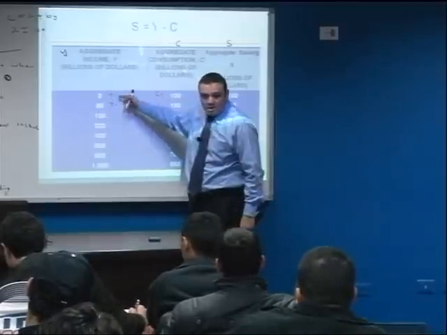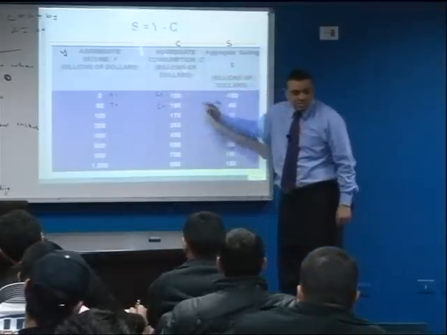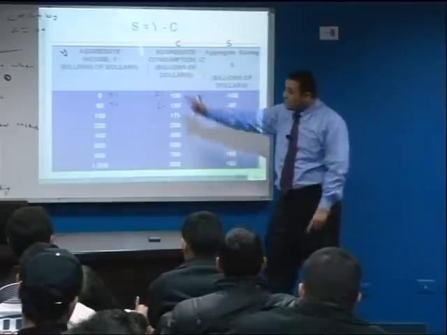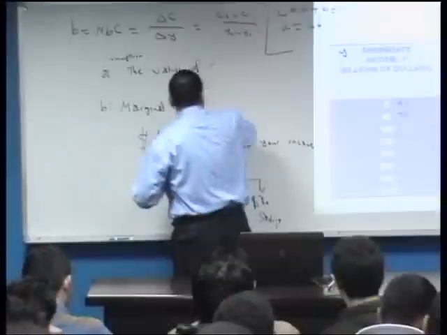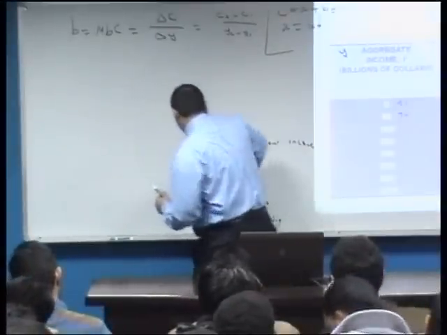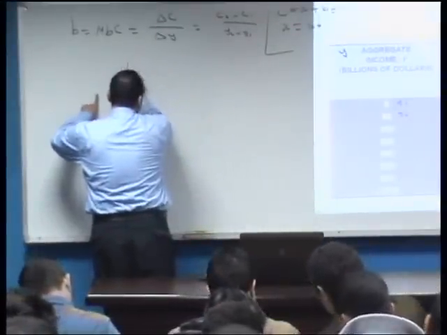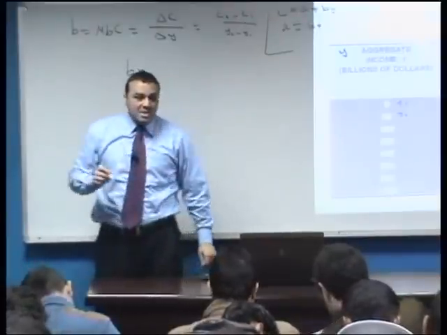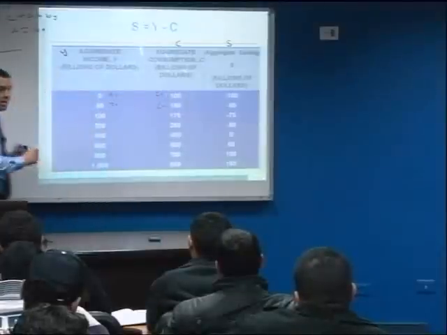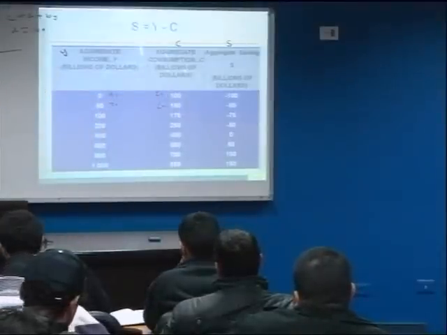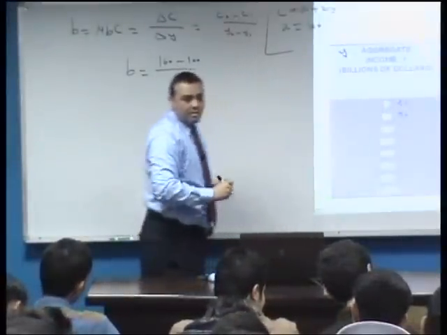When your income increased by 80, how much did consumption increase? By 60. Right? To calculate B, or the marginal propensity to consume, in this formula, B equals C2 minus C1, how much? 160 minus 100, over Y2 minus Y1.